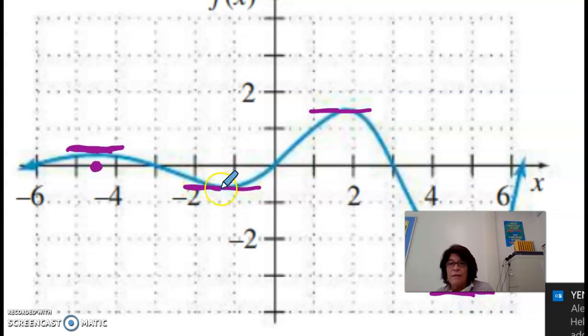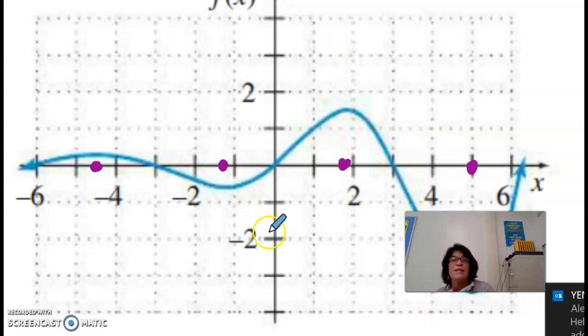Right here at negative, whatever this is, negative 1.1, is 0. Right here is 0. And here we go. All those places would be 0. Okay, because the slope of the tangent line at those points is 0.